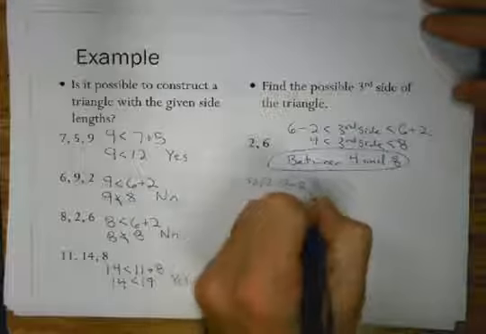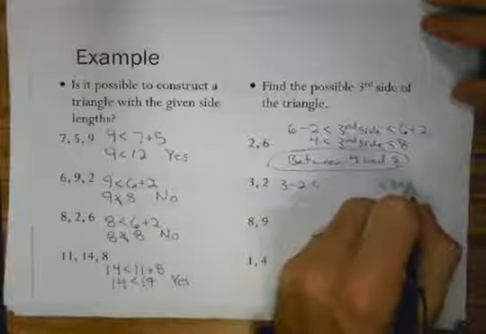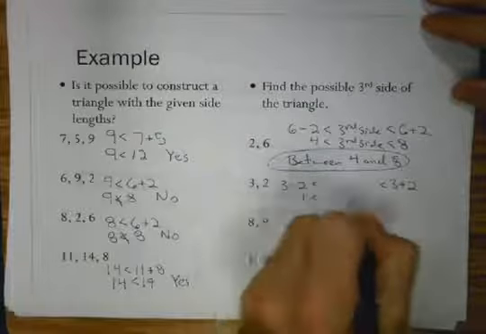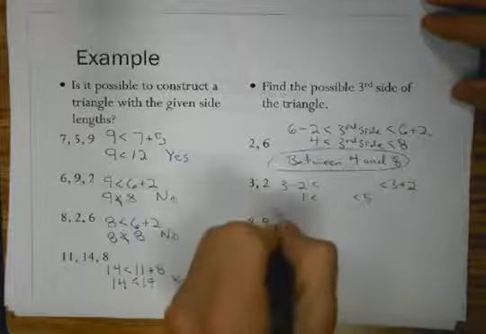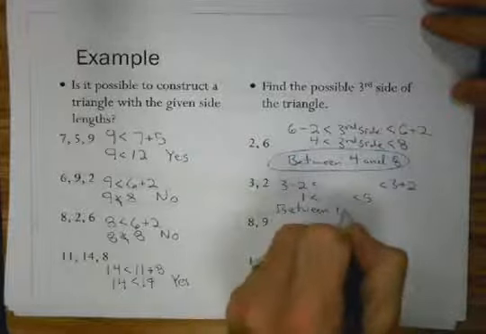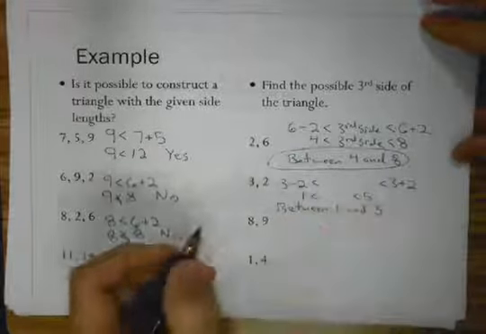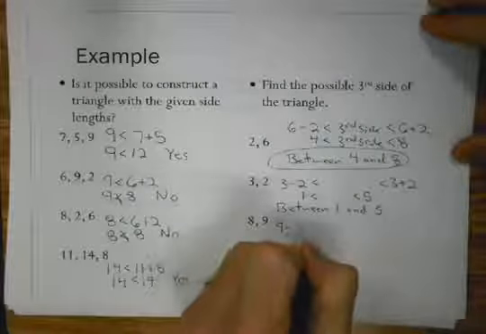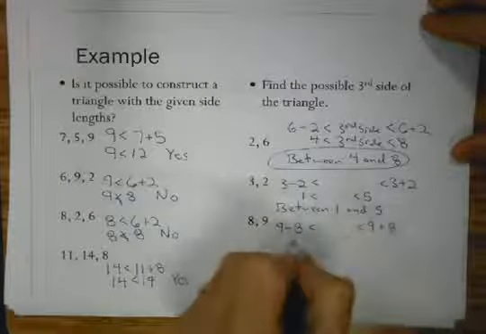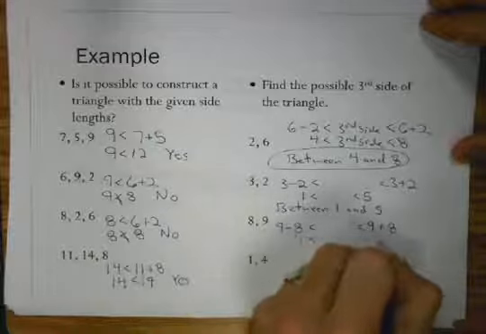Then we have 3 minus 2 and 3 plus 2 for our range for 3 and 2. And that leaves us with 1 and 5. So for 3 and 2, our third side is any value between 1 and 5. For 8 and 9, I do 9 minus 8, 9 plus 8.